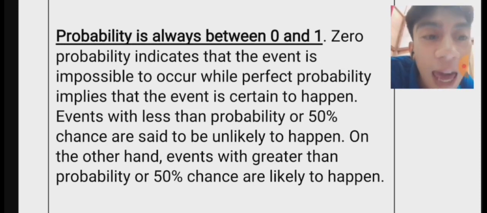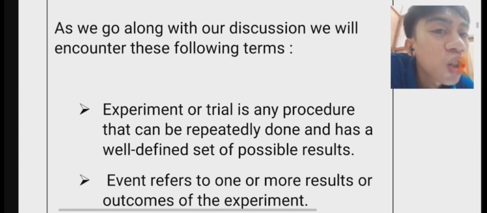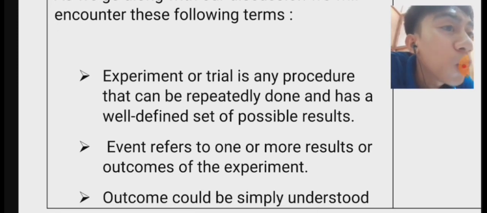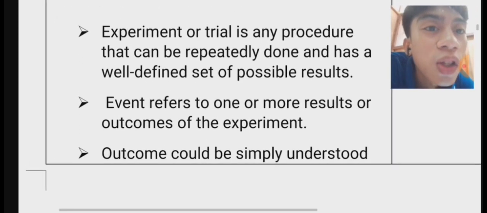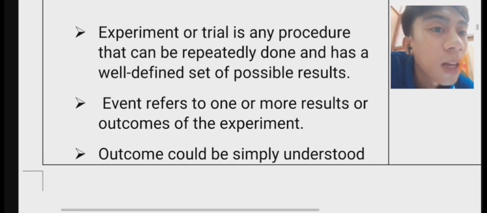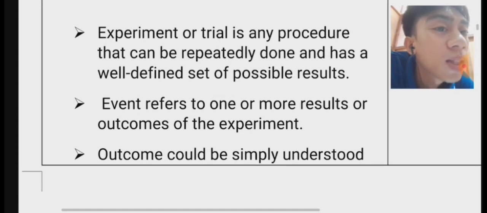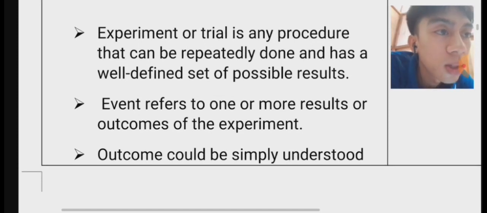On the other hand, events with greater than 1/2 probability or 50% chance are likely to happen. As we go along with our discussion, we will encounter the following terms. The first is experiment or trial, which is any procedure that can be repeatedly done and has a well-defined set of possible results.